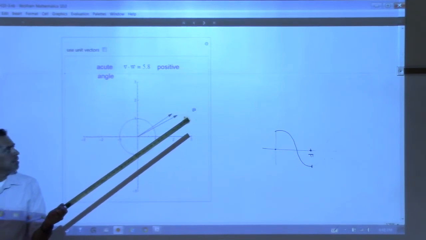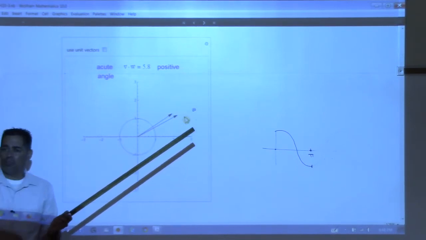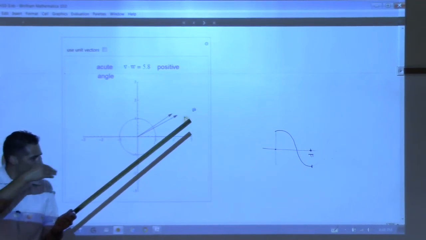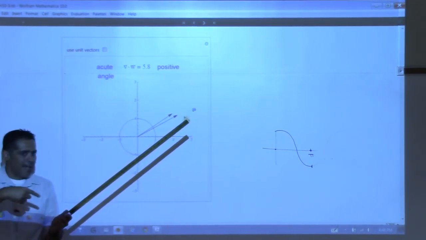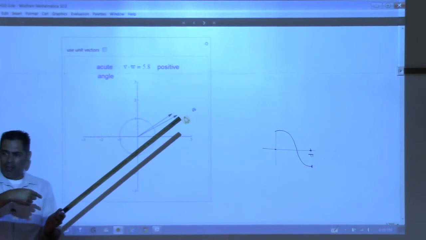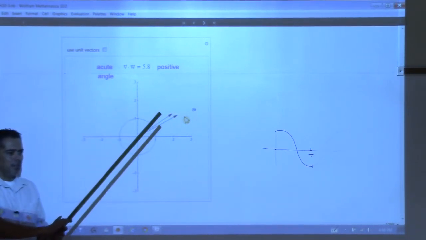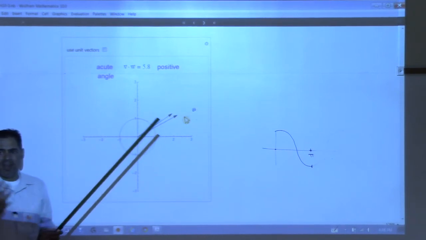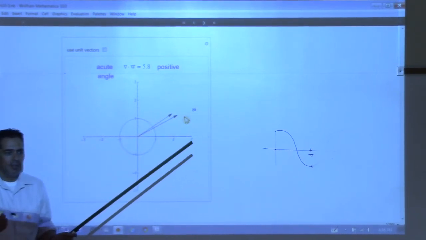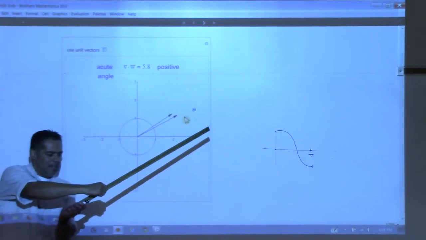Well, the cosine part's 1, but what about the part in front? It's the magnitude of u times the magnitude of v. So wouldn't the dot product just be the length of one of the vectors times the length of the other vector? That's exactly what it would be. That's not very useful, but that's what it is.